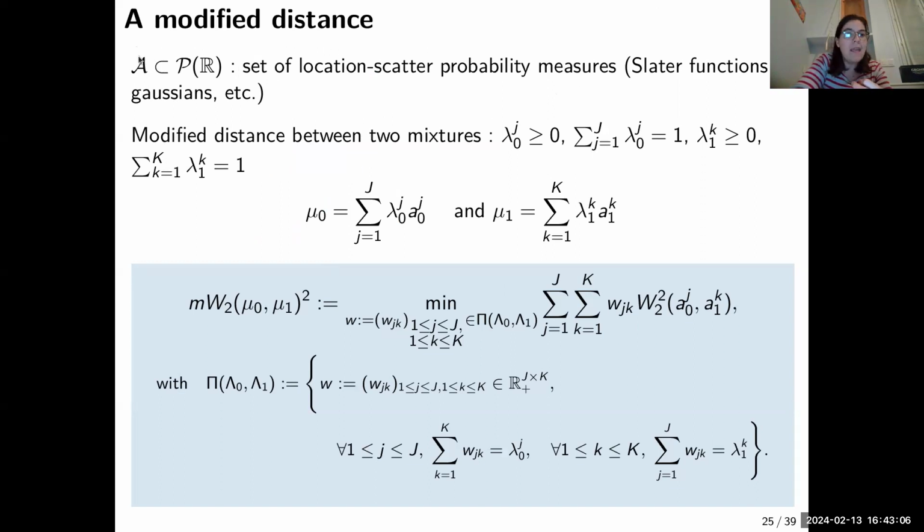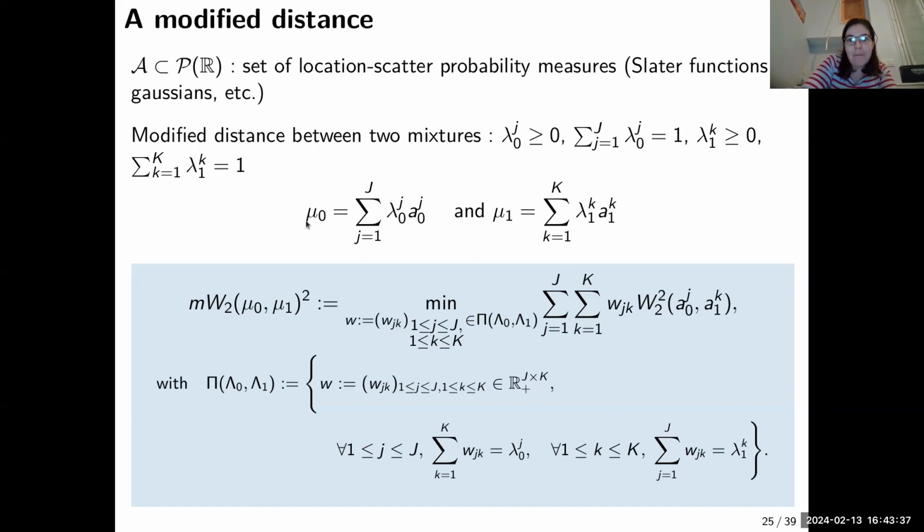So remember, A was a set of probability measures that I can compute as dilatations and translations of one single reference measure. And the reference measure that's of interest to us is this Slater function, exponential minus absolute value of x. And so this modified Wasserstein metric will be a metric between two probability measures, each of which reads as a mixture of such location scatter probability measures.